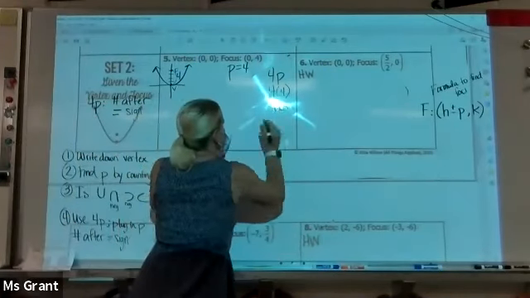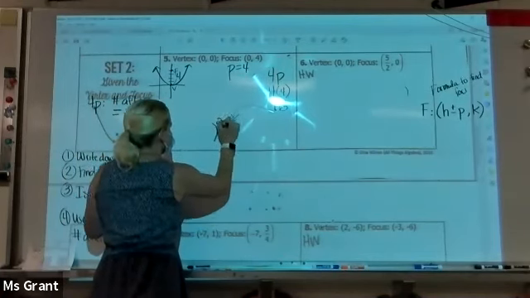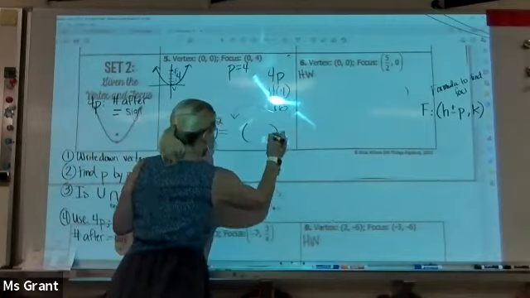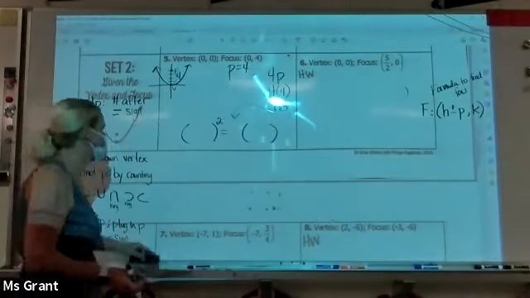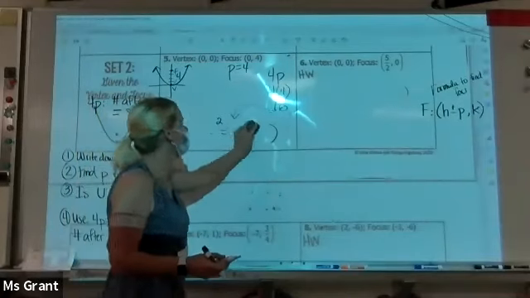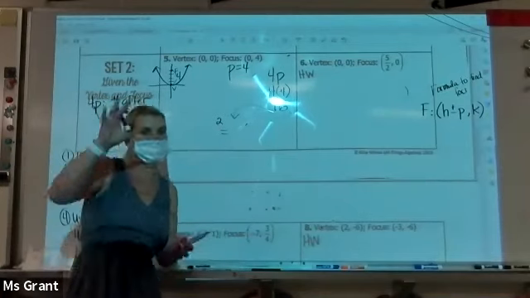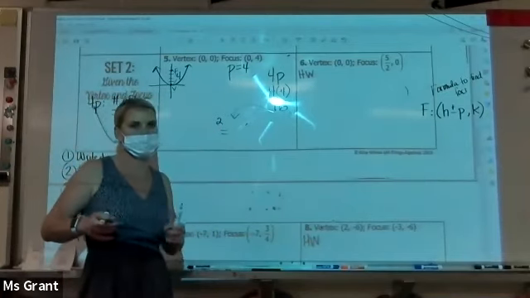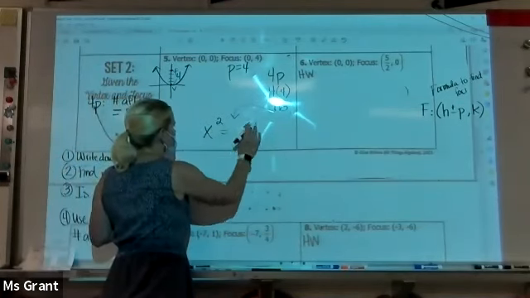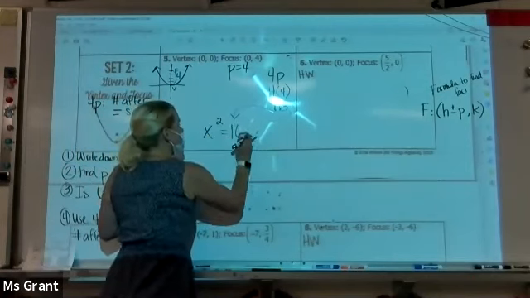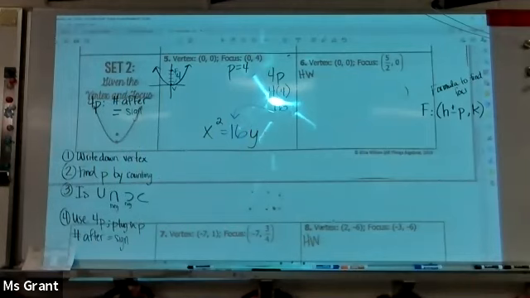This 16 is going to be the number that is, oh, shoot. My vertex is 0, 0. I don't need parentheses when it's 0, 0. But it's upward. Is that x squared or is that y squared? Yeah, x squared. The 16 I got from my 4P, and it's just a y, not a y squared, just a y.